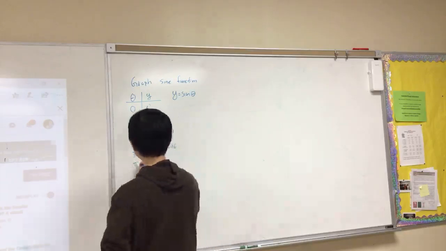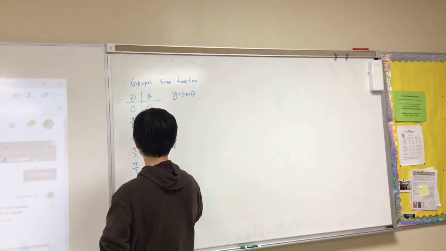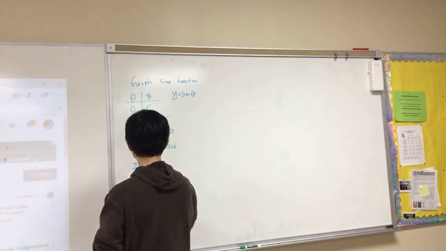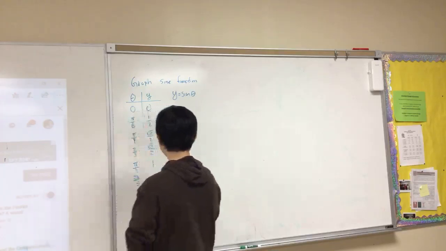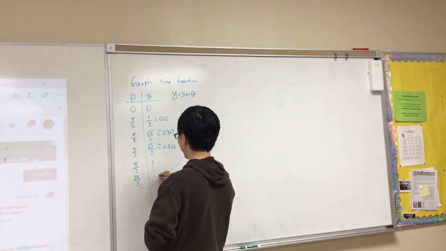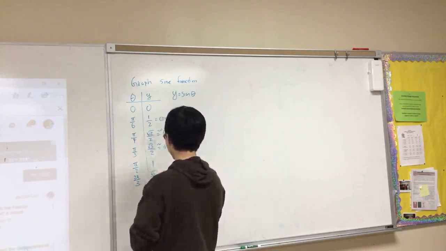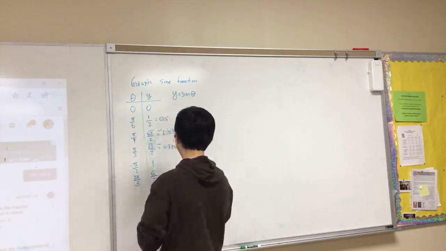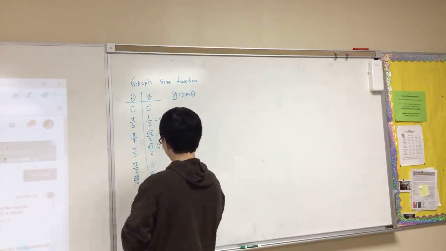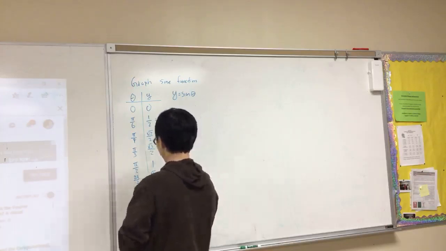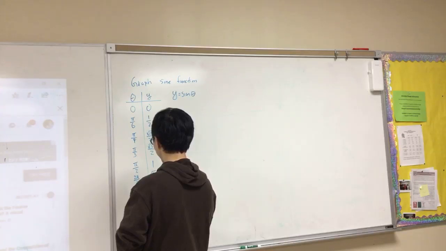And we're going to go with pi over 2, which gives me what? 1. And then 2 pi over 3, which gives me what? Square root of 3 over 2, thank you, which is 0.866. The next one is 3 pi over 4.